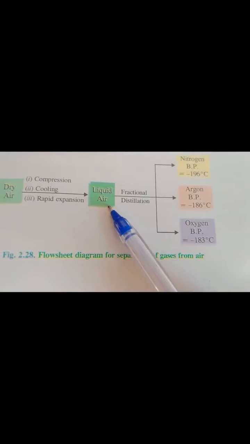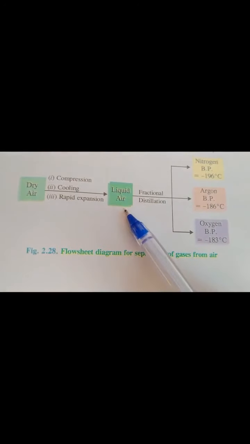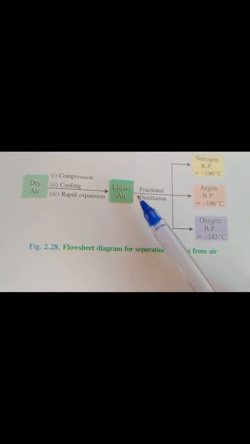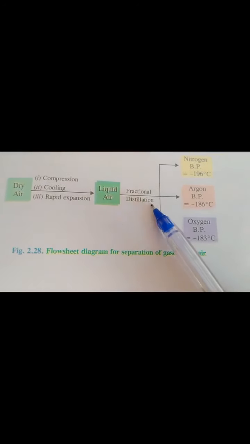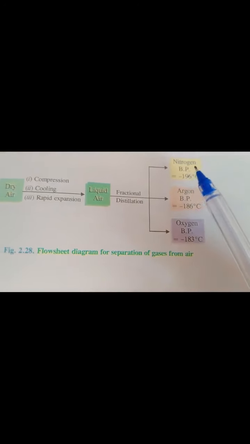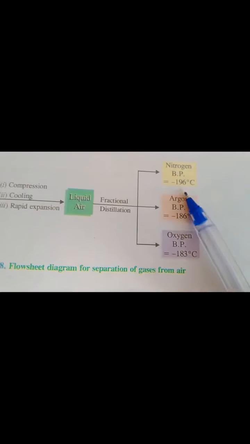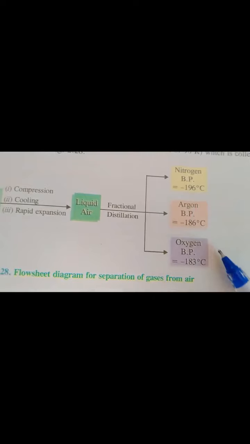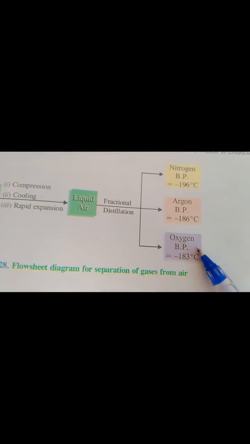From the liquid air we can remove the solid CO2, that is dry ice. Then we put this liquid air through fractional distillation at different temperatures. The highest boiling point gas will remain at last, meaning oxygen at last.